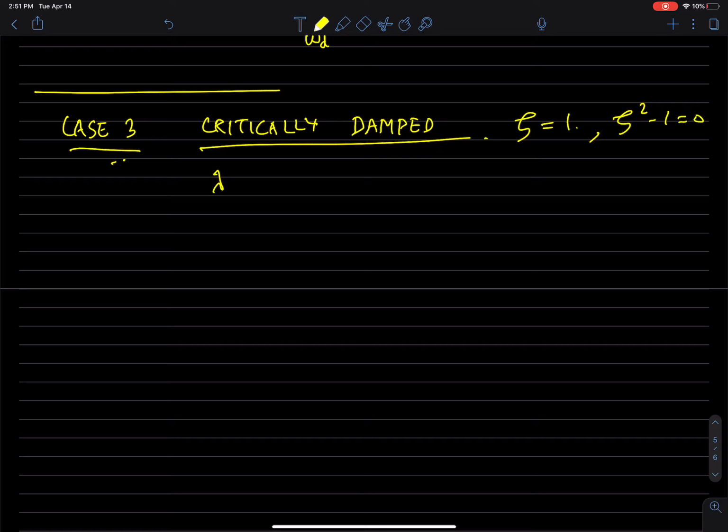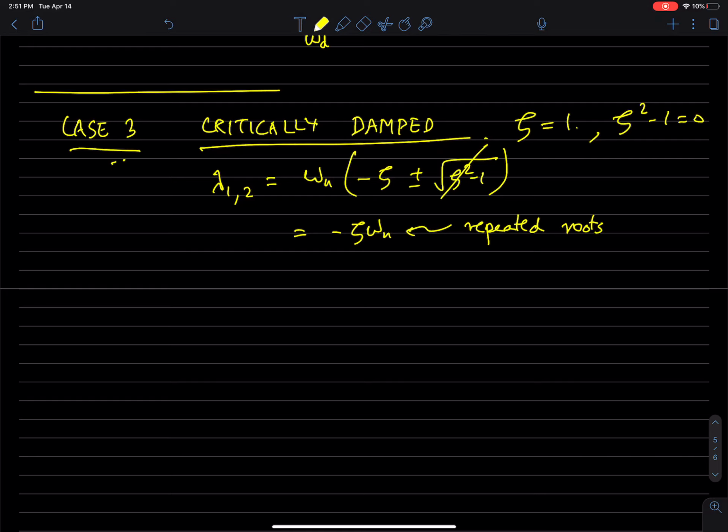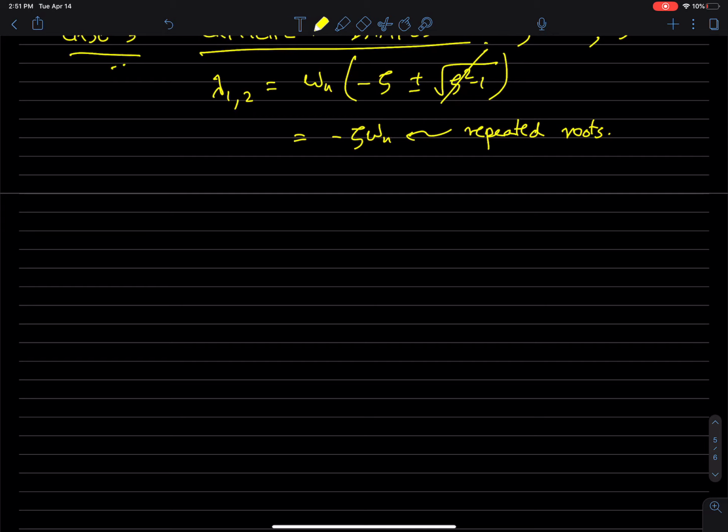So what we get is lambda 1, lambda 2 is omega n times minus zeta plus minus square root of zeta square minus 1, which becomes 0. So all we have is what you would call repeated roots or equal roots for the quadratic equation, 2 equal roots for the quadratic equation.